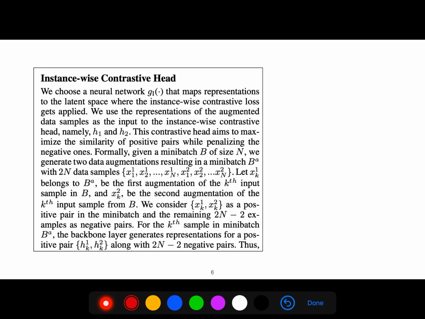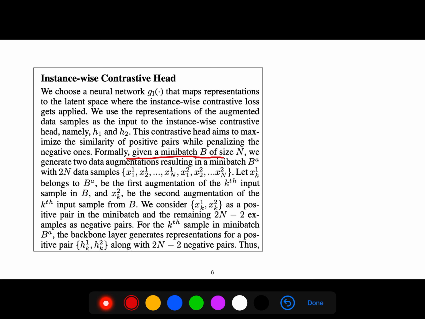For example, for the instance-wise head, we choose a neural network that maps the representation to the latent space, where the instance-wise contrastive loss gets applied. We use the representations of the augmented data samples as the input to the instance-wise contrastive head. This contrastive head aims to maximize the similarity of positive pairs while penalizing the negative ones.